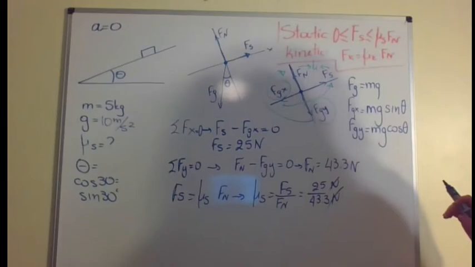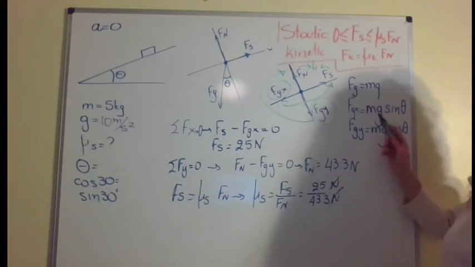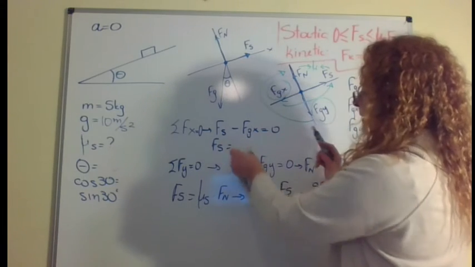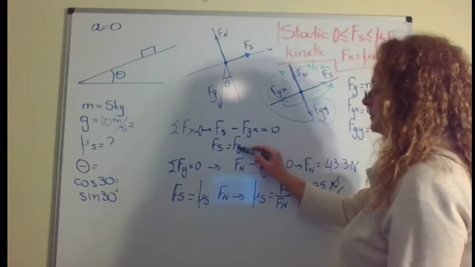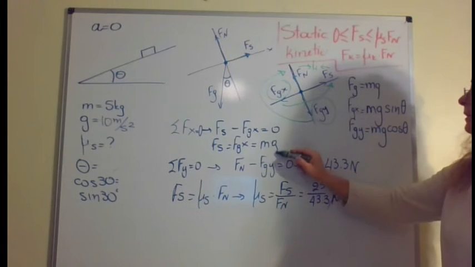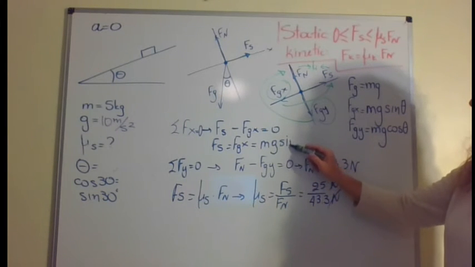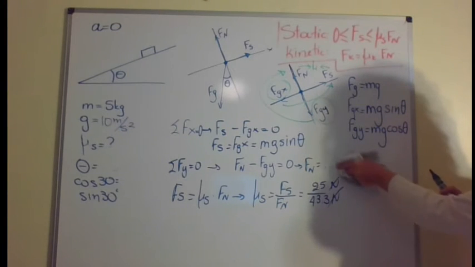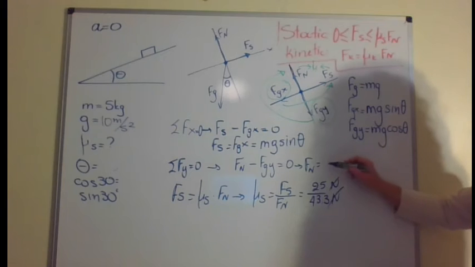In this case, the static friction will be exactly equal to Fgx, meaning that it will be mg sine theta. And the normal force, just because it's equal to Fgy, is mg cosine theta.